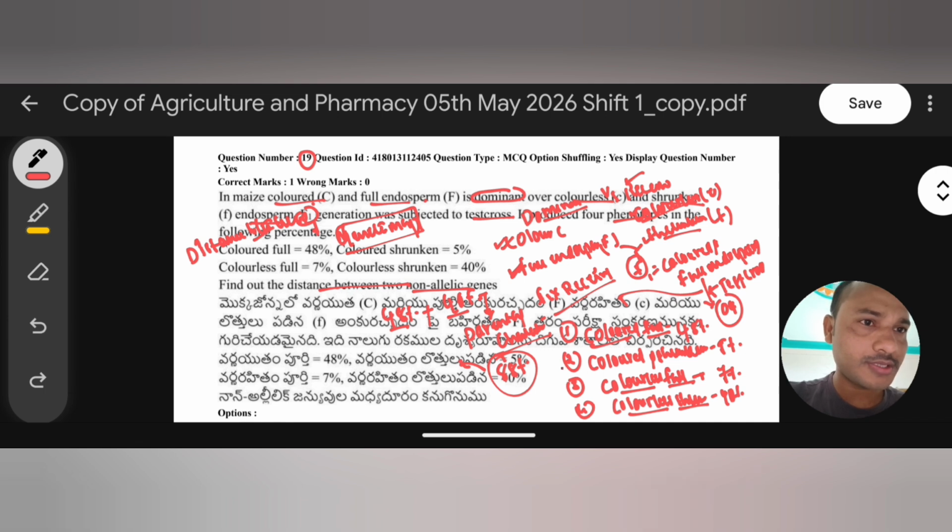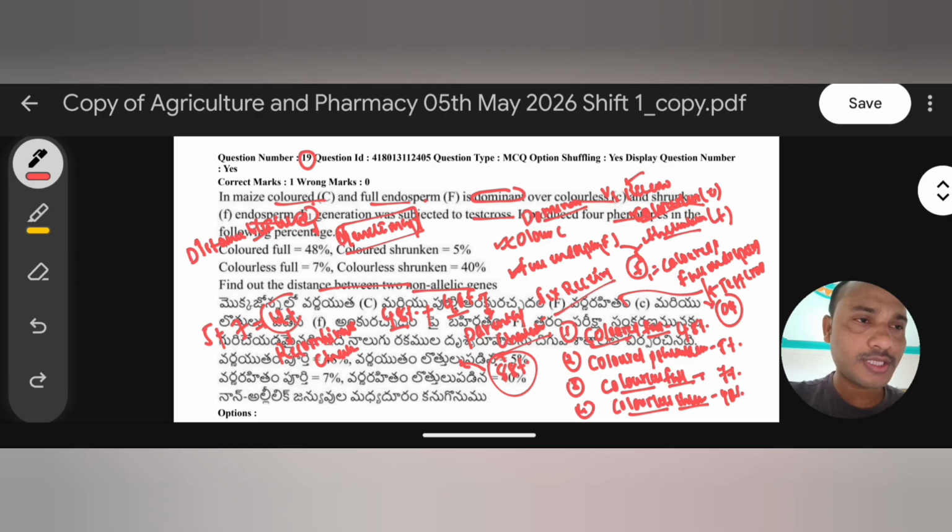The rest of these two, colored shrunken 5% and colorless full endosperm 7%, total 12%. Remember, 12% is recombinant character, and 88% is parental characters.